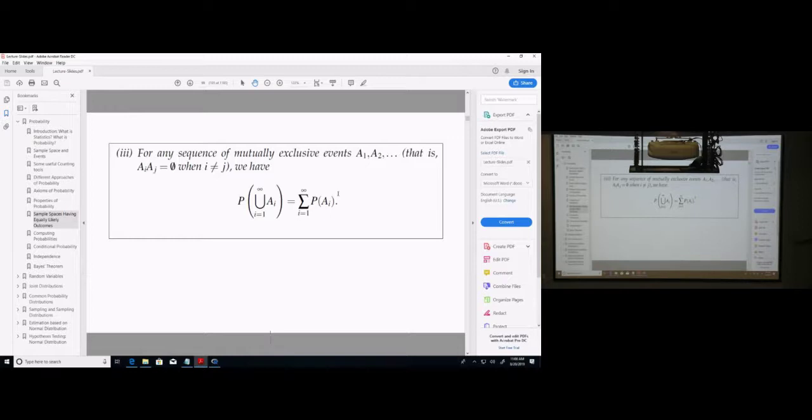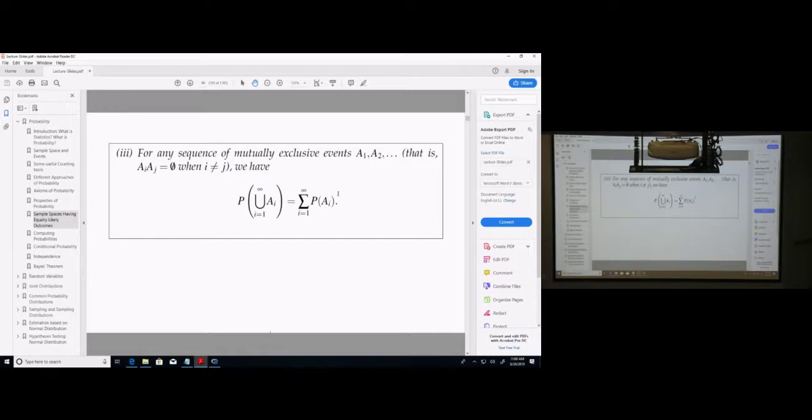Now, why do I say this is consistency? Because you have two ways to calculate the probability of, let me call this event B, where B is the union of all the A's here. There are two ways to calculate it because B is an event.